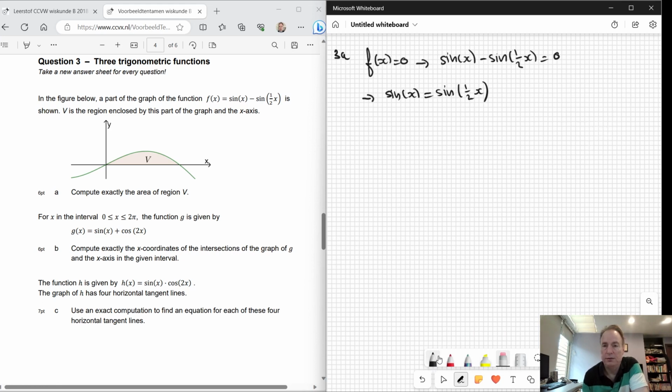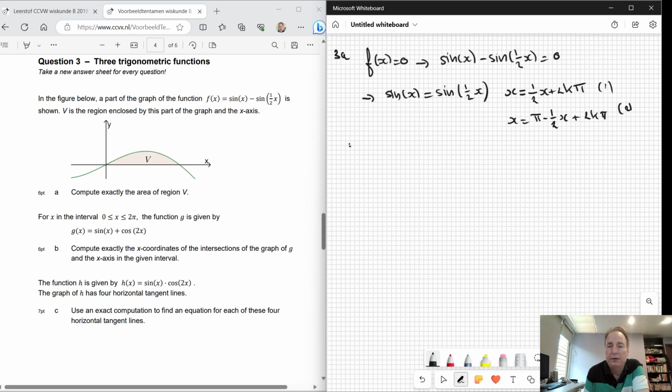So x equals either 1/2 x plus 2k pi, or x equals pi minus 1/2 x plus 2k pi.